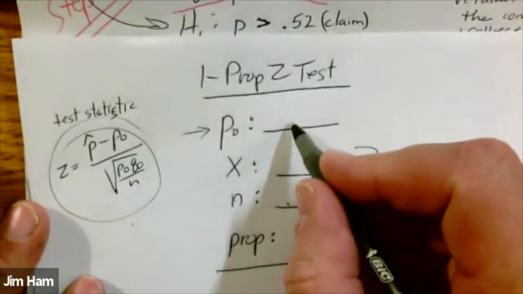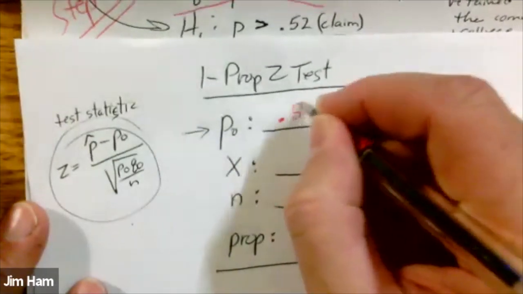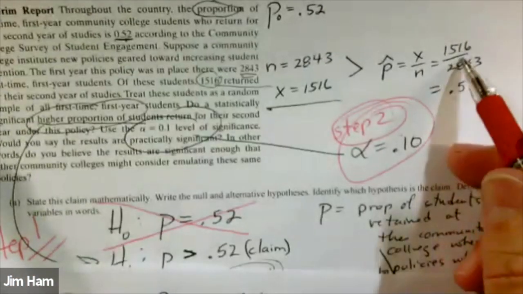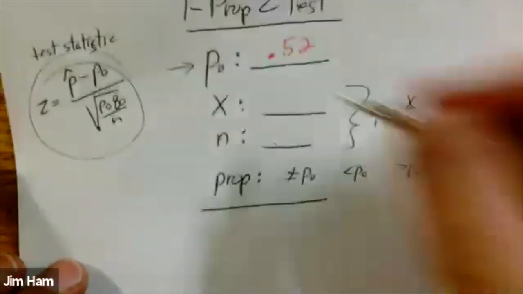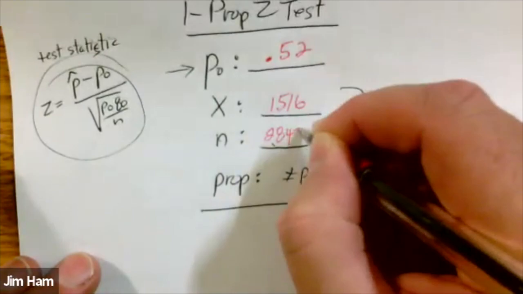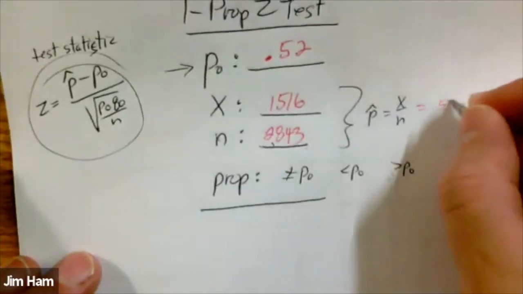What's the p-value here? Okay, good. Yep. 0.52, and those other numbers are kind of up here, X and N, 15, 16, and 28, 43, and the calculator will put them together and give you the 0.53 that we calculated earlier.